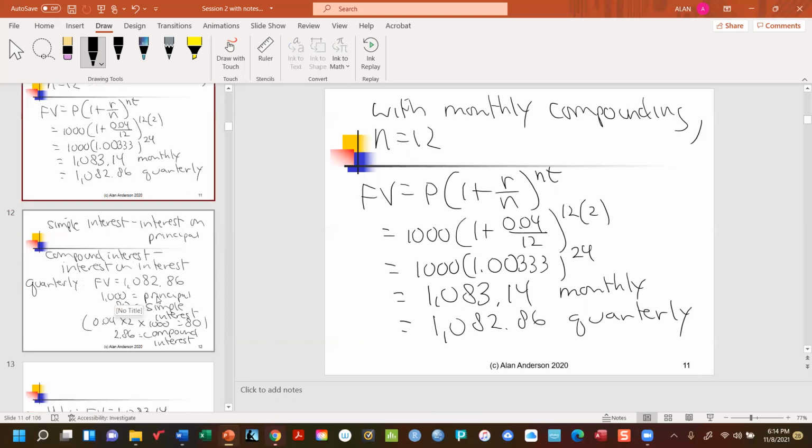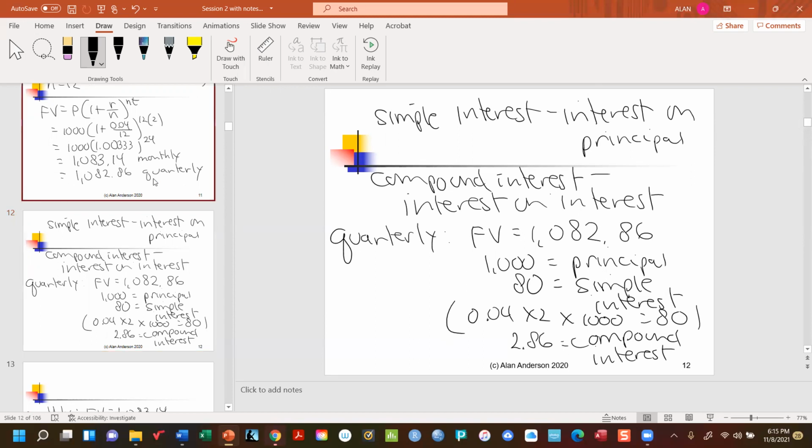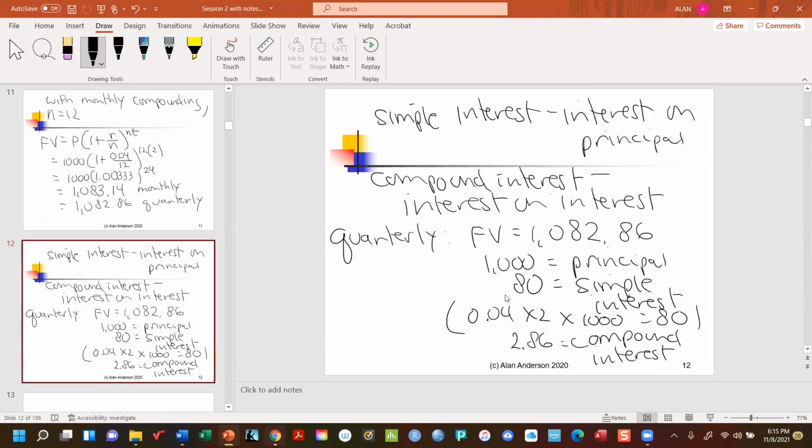Well, what we're going to do now is make a distinction between two important types of interest. We have simple interest, which is interest exclusively on the principal. And then we have compound interest, which is interest on interest. So in our quarterly example, remember with quarterly, we ended up with $1,082.86. $80 of that is simple interest.